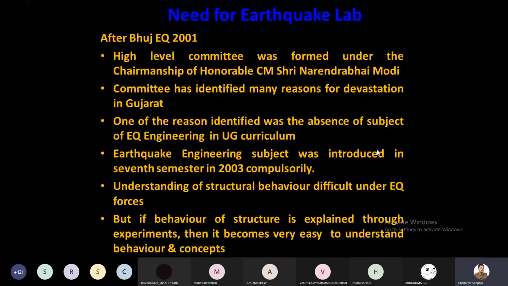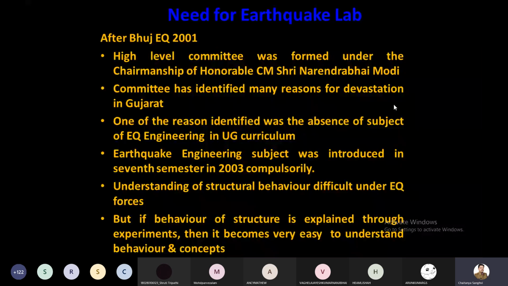But today we are going to talk about the understanding of structural behavior through laboratory experiments. So the question will arise: why is this earthquake lab required? After the huge earthquake of 2001, as far as Gujarat is concerned, a high-level committee was formed under the chairmanship of Chief Minister Narendra Bhai Modi.